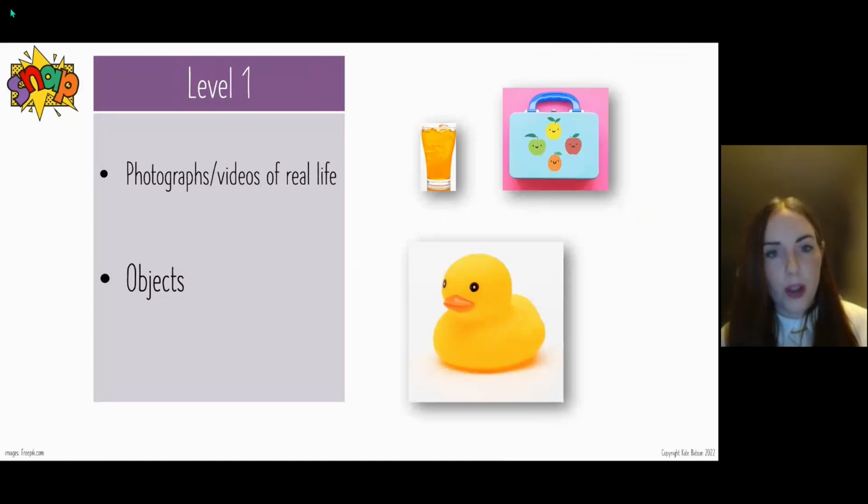And that is the use of photographs or videos of those real life objects. So it's about using your camera on your phone, or a real camera, if we use those anymore, to take pictures, to take videos of these real life things.